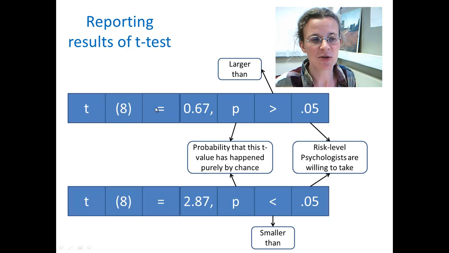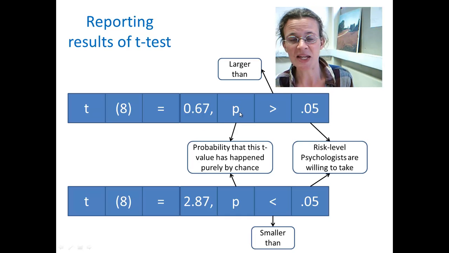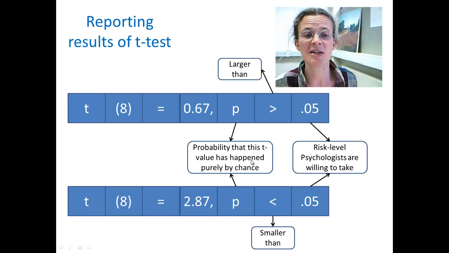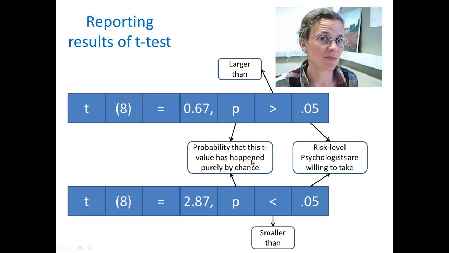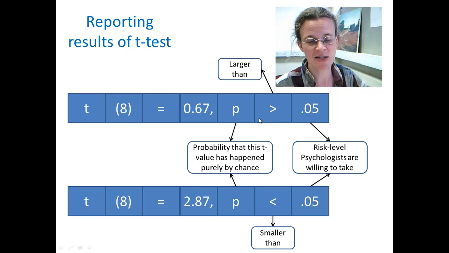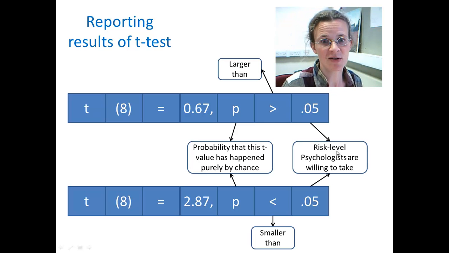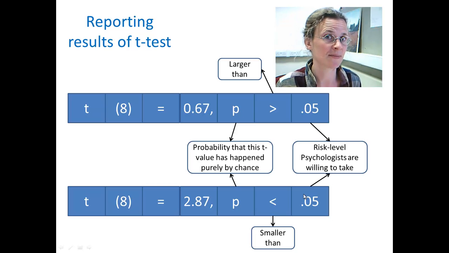Now that t value you've calculated has a particular value. And then the next part, the p, the probability. It's the probability that this t value has happened purely by chance, in this case, is larger than 0.05, the risk level that psychologists are willing to take.